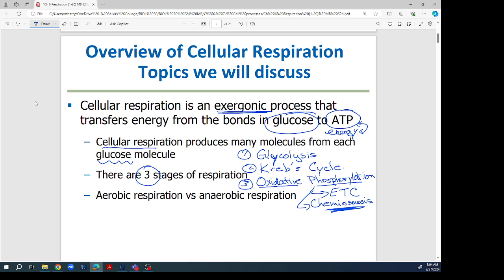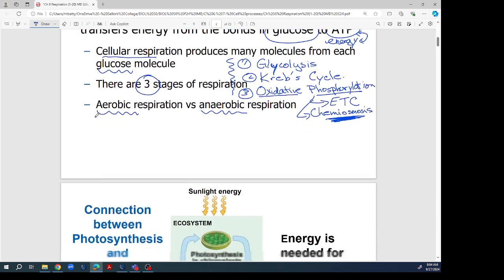So it's really important to hang on to the details until we get there for that big payout. The last thing that this chapter is going to do, we're going to take a look at the difference between aerobic respiration, which is these 3 stages basically, versus anaerobic respiration. So anaerobic respiration, we're talking about lactic acid or alcohol fermentation. And so that's the last topic in the chapter.